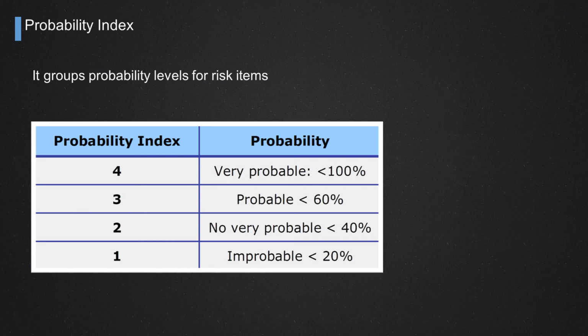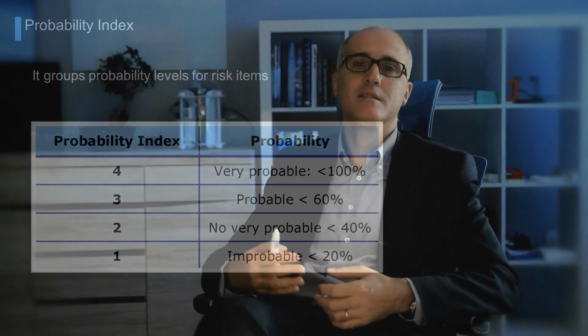This is an index from 1 to 4, for example. 1 is when the risk is considered improbable, less than 10%. 2 is not very probable, for example from 10 to 40%, and so on. We arrive at a probability index of 4 when the risk is over 60 or 70%.